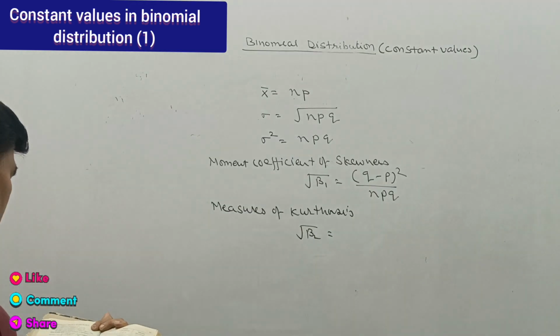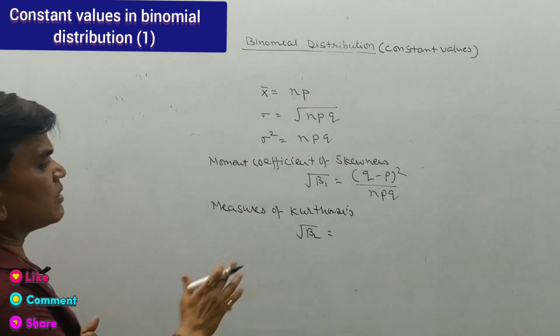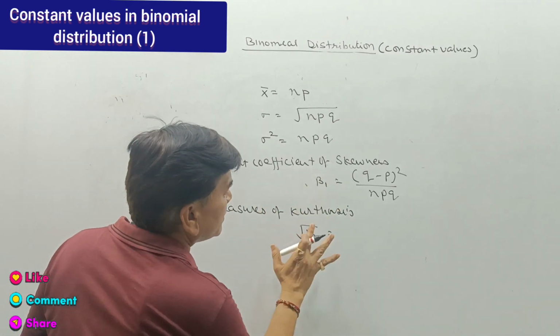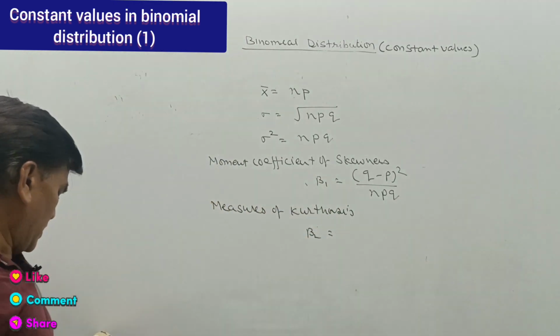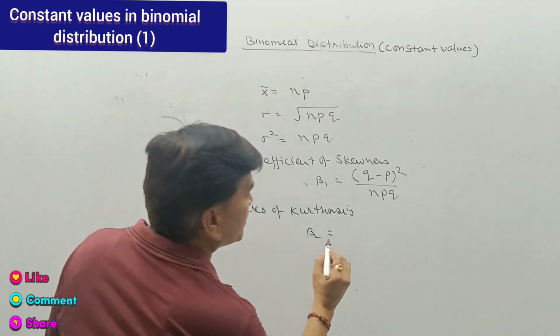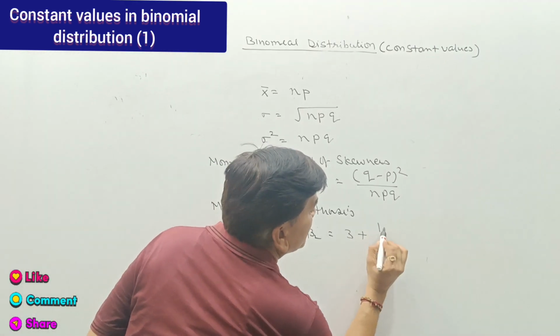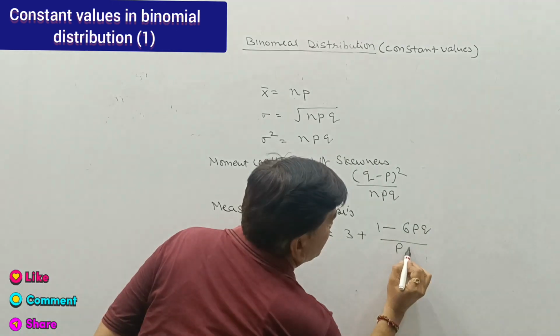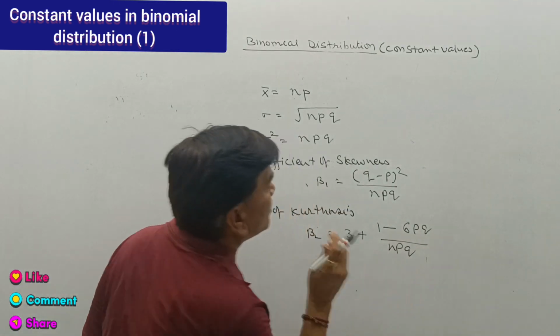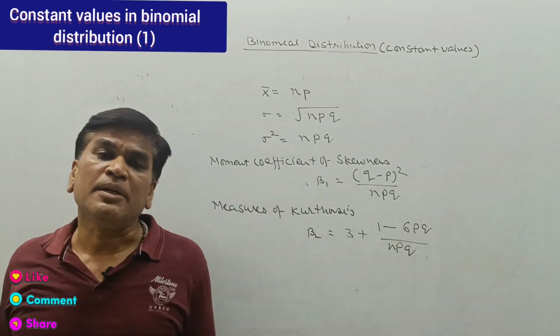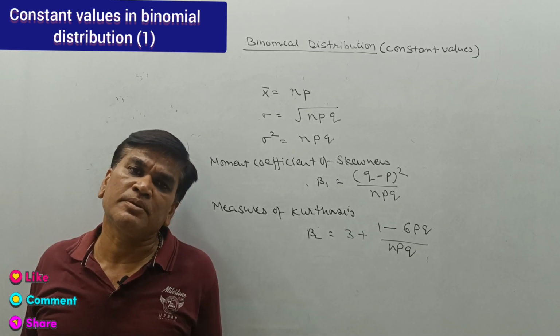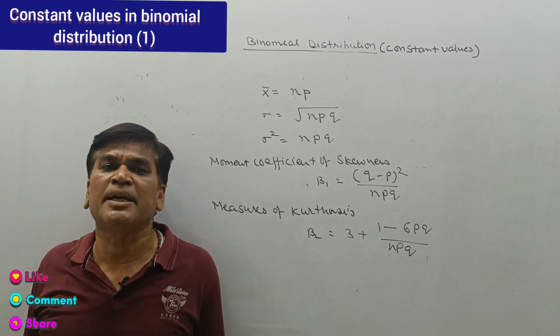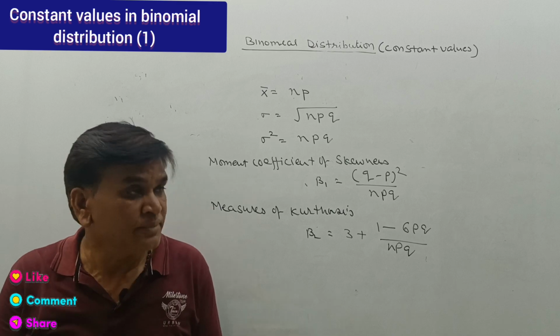For calculating kurtosis, the formula is 3 plus (1 minus 6pq) divided by npq. So these are the formulas for calculating constant values with the help of the binomial distribution.